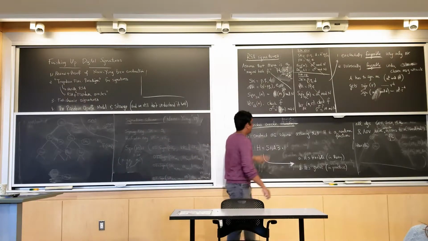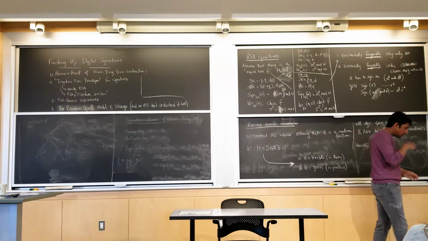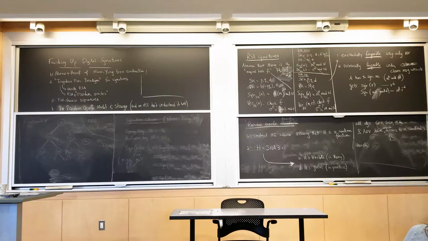So you want to prove security of the signature. Suppose there's an adversary that breaks the security of the signature, which means the same game. He's going to ask me for signatures of several messages, and then he says, well, new message, here comes the signature. That's the game.